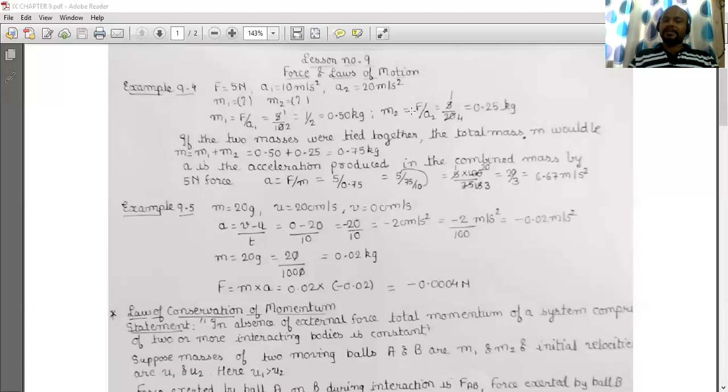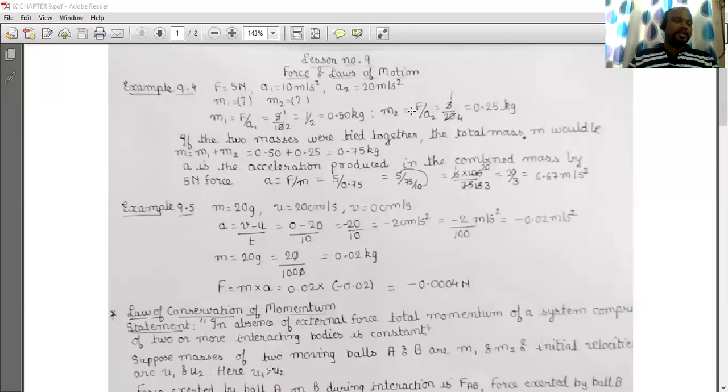Now a is the acceleration produced in the combined mass by 5 Newton force. So small a equal to capital F upon m, that is 5 upon 0.75, which can be written as 5 upon 75 upon 100. The reduced form of it is 20 upon 3, that is 6.67 meter per second square.